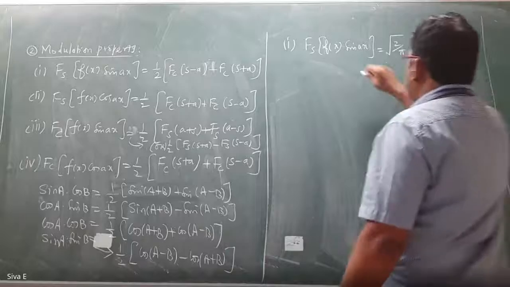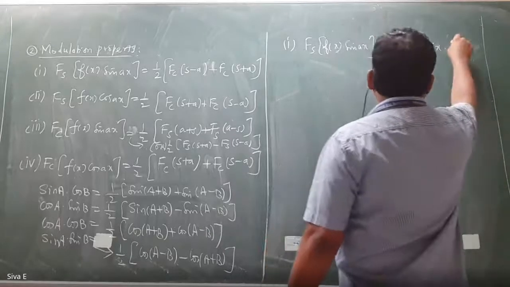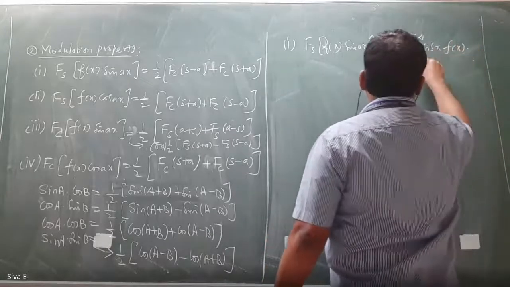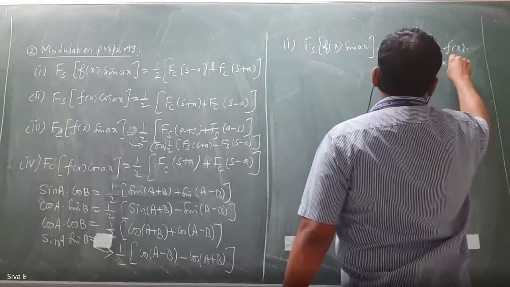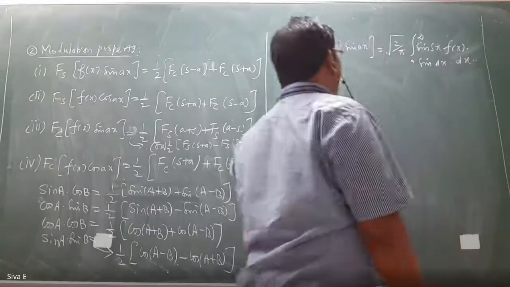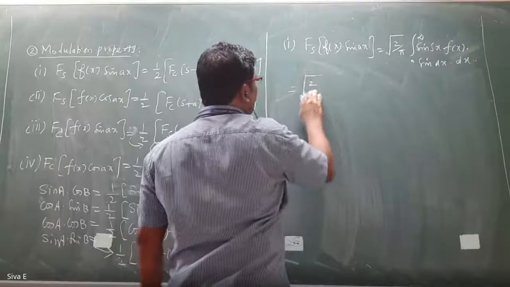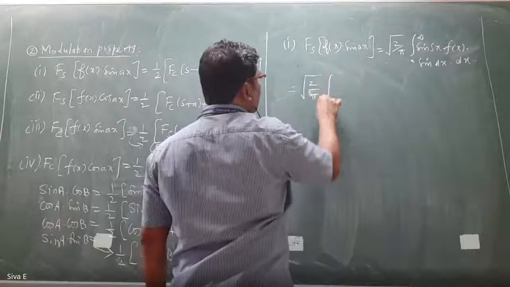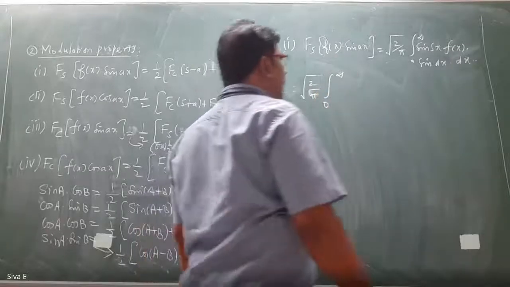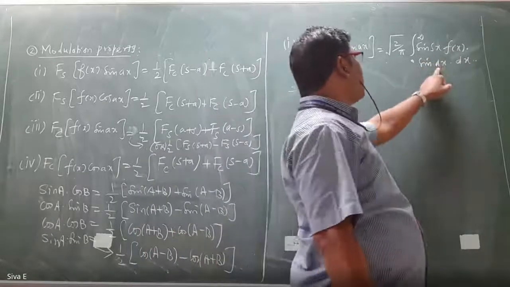Now what is f of x here? F of x is sin ax. So root 2 by pi integral over 0 to infinity, sin sx sin ax.